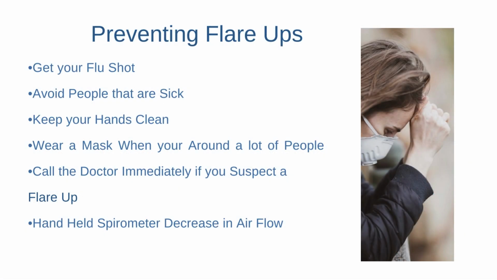So what are some things you can do to help prevent flare-ups or manage one if you get one? Number one, getting the flu shot will help lower your risk of getting the flu. Avoiding people that are sick, washing your hands on a regular basis. A lot of times this is an underutilized activity that can really help prevent disease. Wearing a mask around people in highly concentrated areas. And if you feel like you're getting a flare-up, call the doctor immediately.